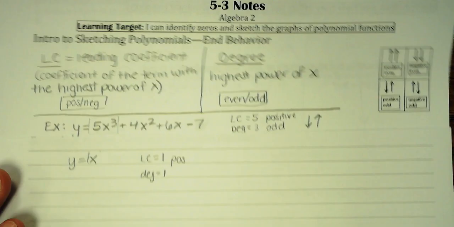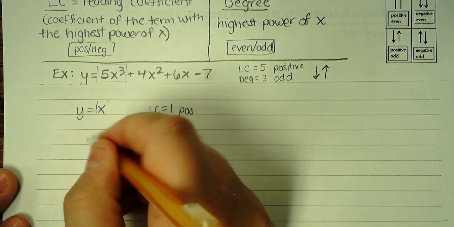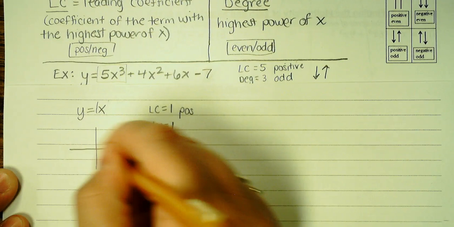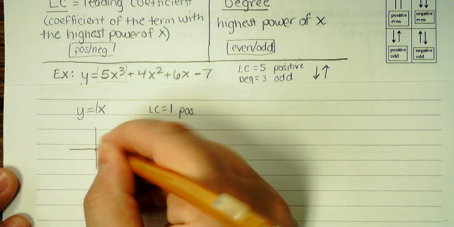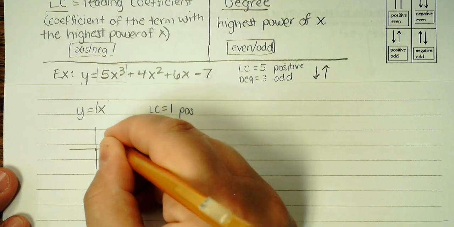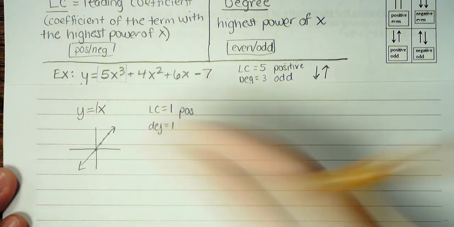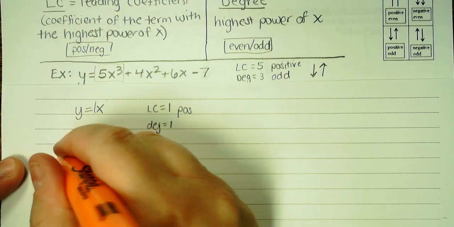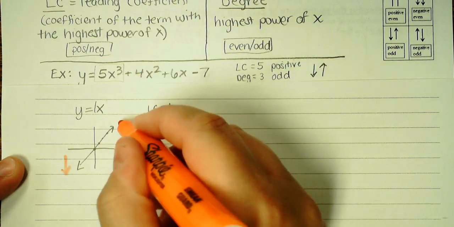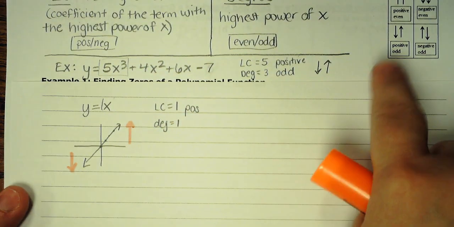So I just want you guys to think about the graph of y equals x. Just as a sketch, I don't have any y-intercept or anything like that, so just start at 0, 0. Our slope would be 1, so we'd go up 1 over 1, up 1 over 1, little sketch. And you guys can see this is going down at the beginning and up at the end. And that's going to follow that behavior there.